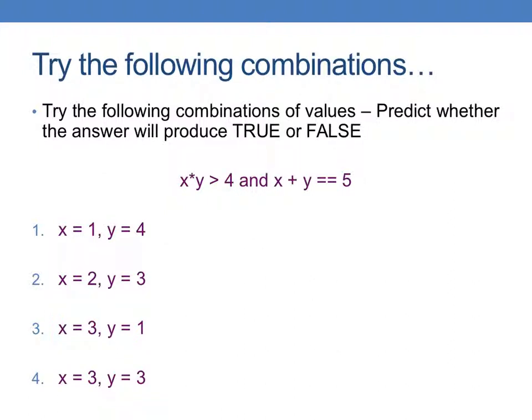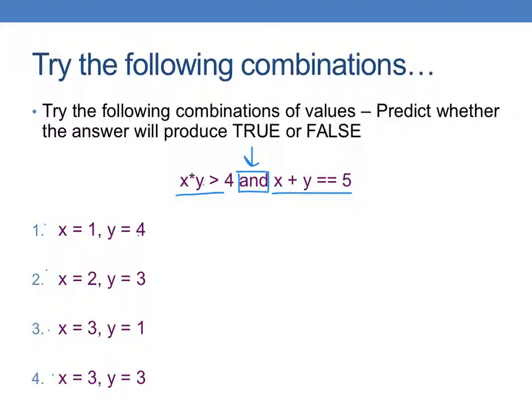So I want to model what this looks like because sometimes this is a more difficult concept for students to comprehend. So here we have 4 different pairs of numbers, and what I'm going to do is put them all into this same complex Boolean statement. Notice we have a simple Boolean statement connected by the word and with another simple statement. Remember, and means that they all need to be true. So for example, in this first one, we have x is 1 and y is 4.